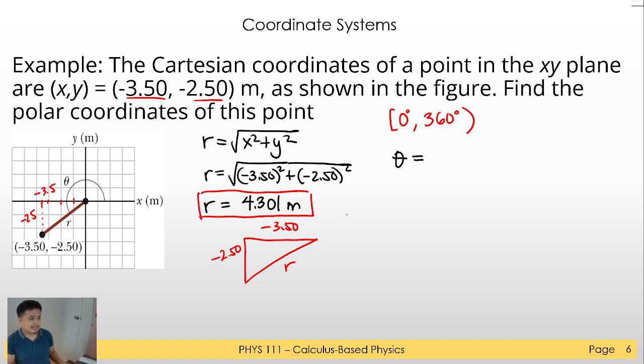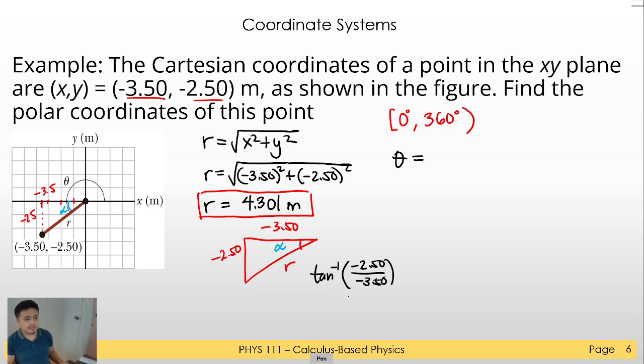Okay. So to find this theta, at least we have this alpha first now. Let's solve for alpha first here. So to solve for alpha, we need to utilize the arctangent. So we have arctangent of negative 2.5 over negative 3.5. Okay, and that will be our angle.